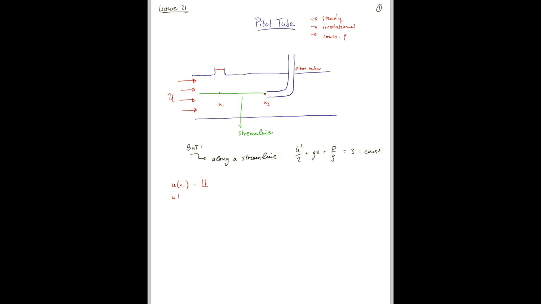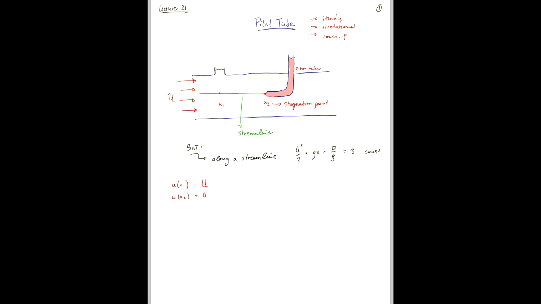U of x2, since this is right here at the edge of the Pitot tube, and the water in the Pitot tube has to be stagnant, right? There can't really be any flow in here. So u of x2 is 0, and x2 is therefore called the stagnation point.